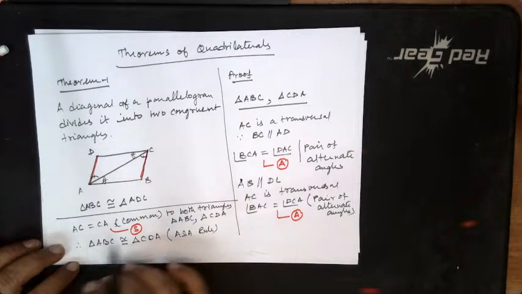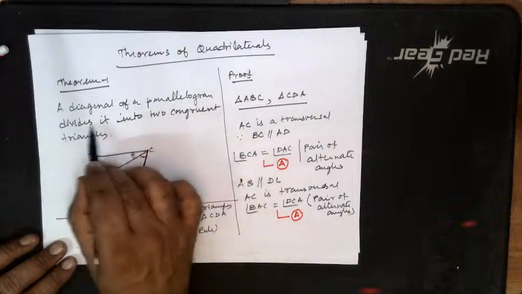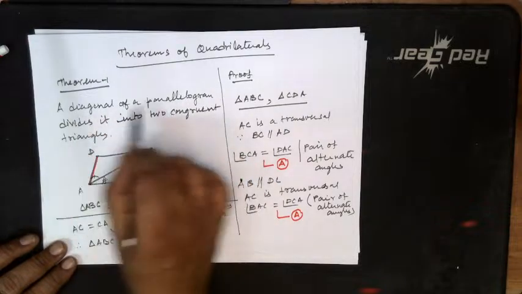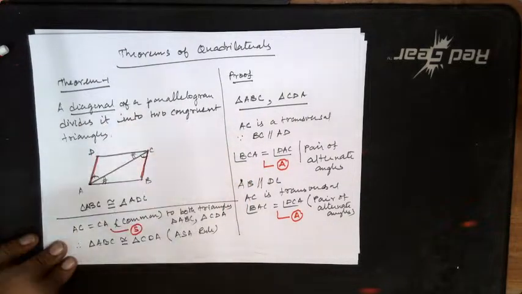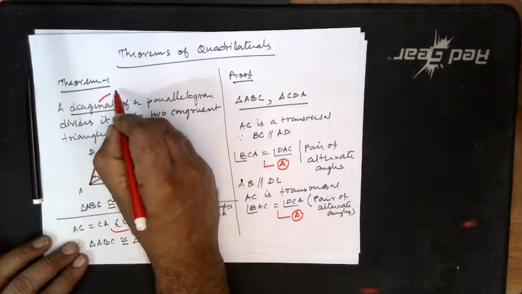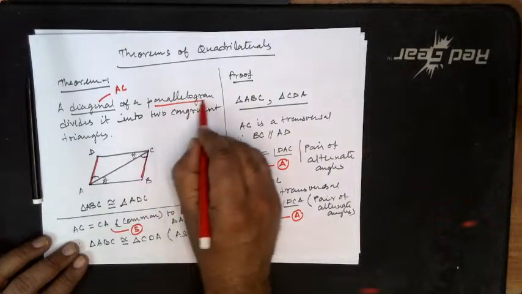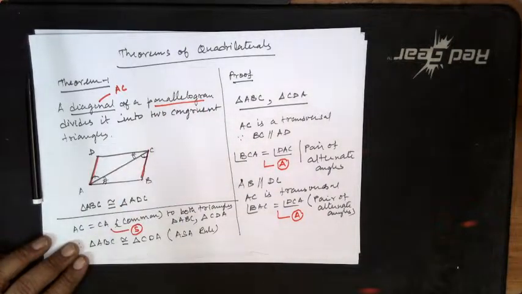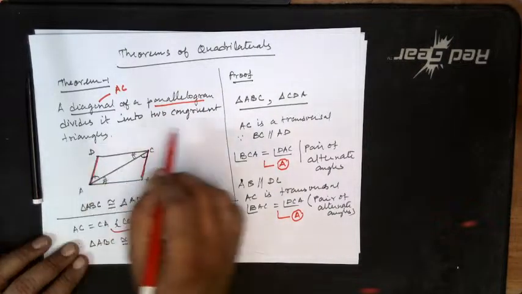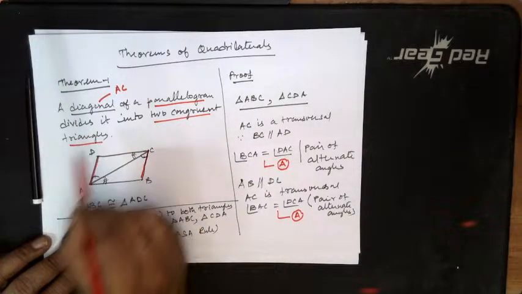So based on the congruent triangles, what is the basis here? See, given is a diagonal of parallelogram. So parallelogram diagonal is given, and what is that diagonal? That diagonal is AC. This is given, and it is also given as parallelogram. Then what we need to prove? We have to show that two triangles are congruent.